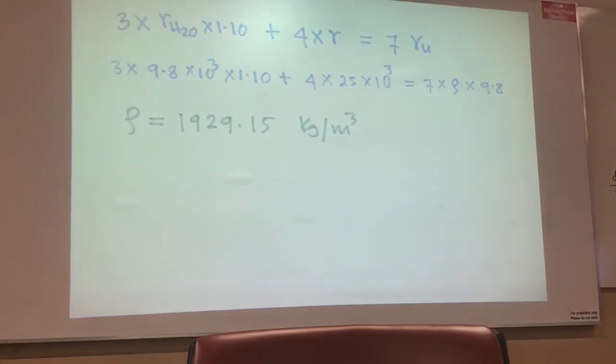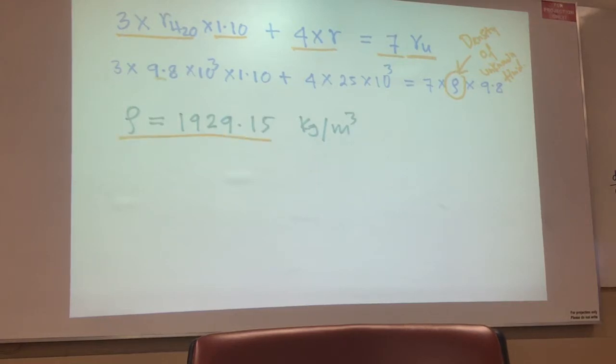After that I substitute all the numbers and finally I get 3 times gamma water plus 4 times gamma equals gamma of the unknown fluid. This is the density of the unknown fluid.